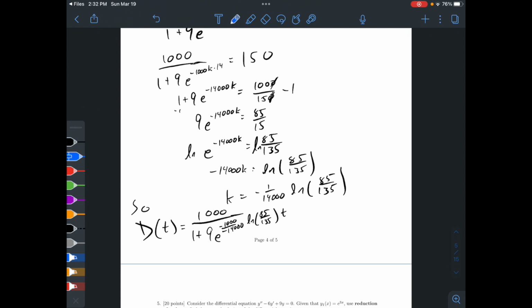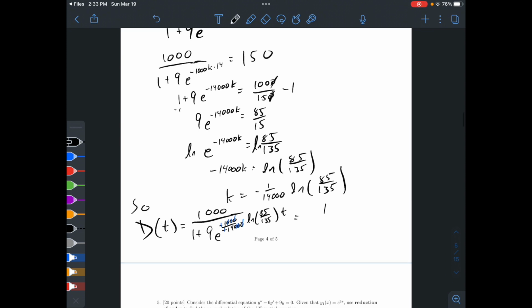We could simplify this a lot. If you wanted to stop here, that would be fine. I'm going to cancel out the negatives, cancel out the thousands. So this is just 1 over 14 times t, so it's t over 14.